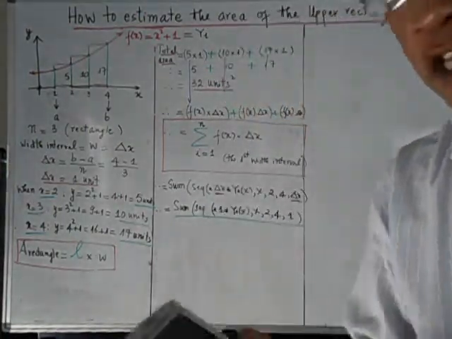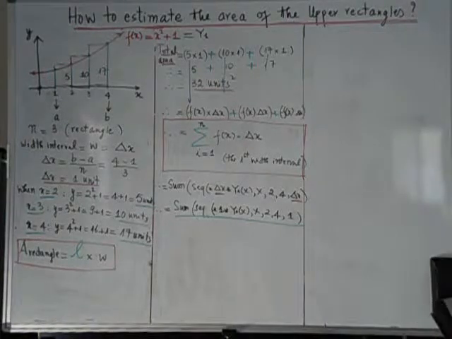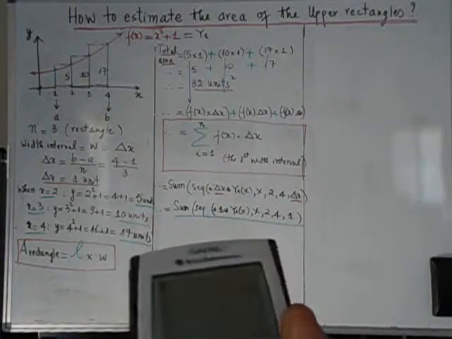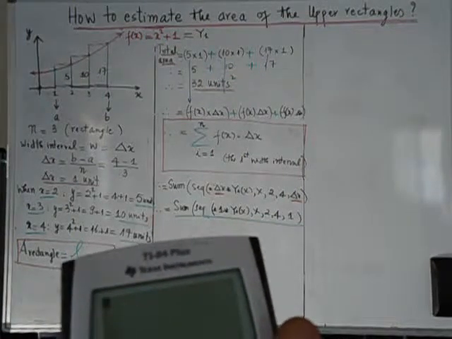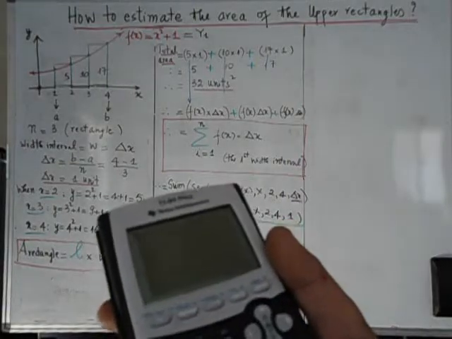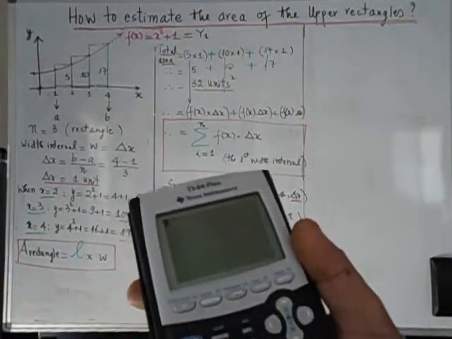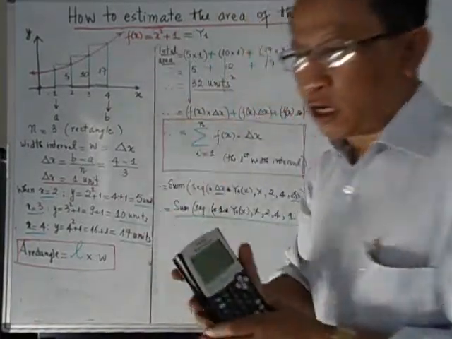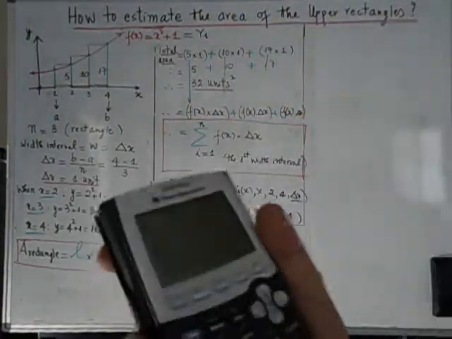In order to estimate the area of this region by TI-84 Plus, we must first insert the main function x power 2 plus 1 into the calculator.